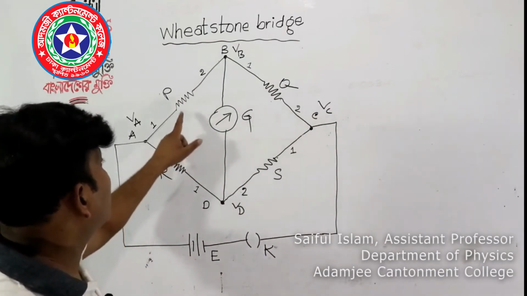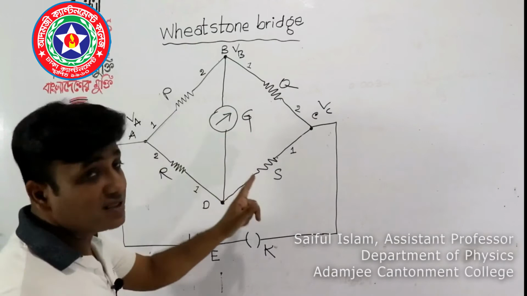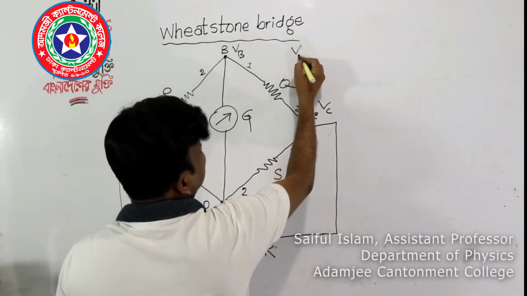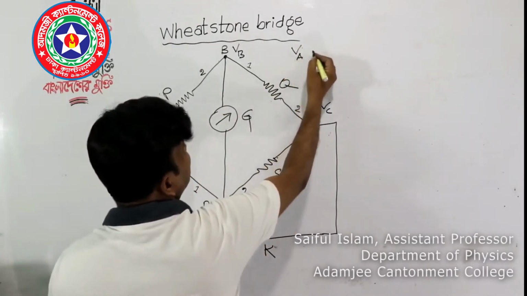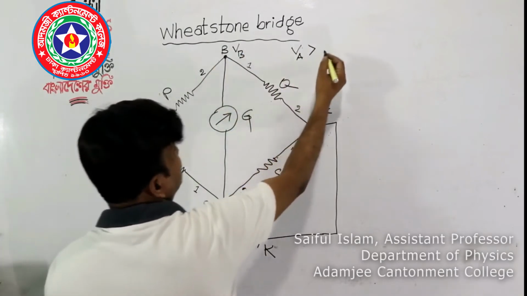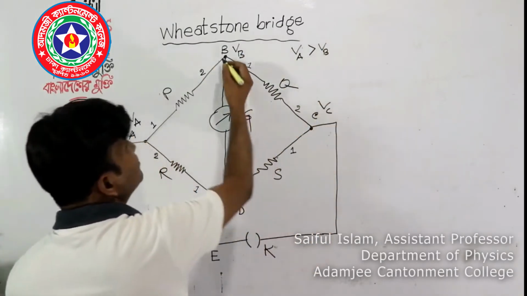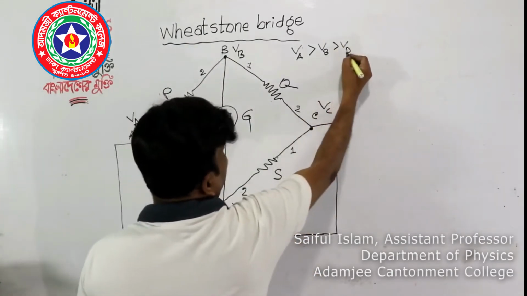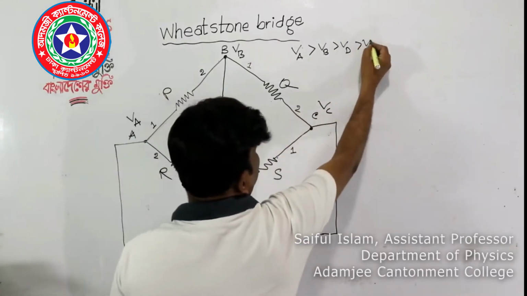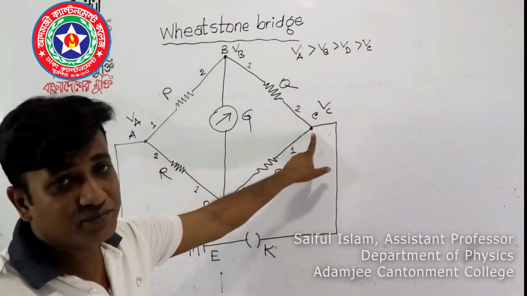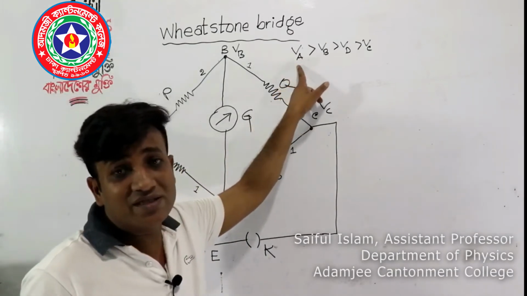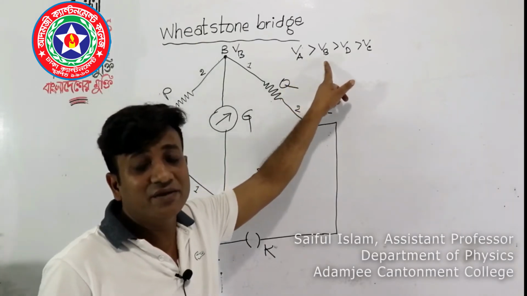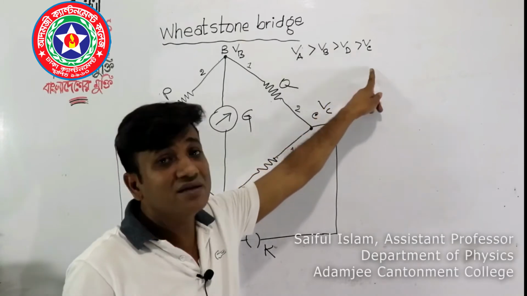The potentials are taken so that VA is greater than VB, VB is greater than VD, and VD is greater than VC.